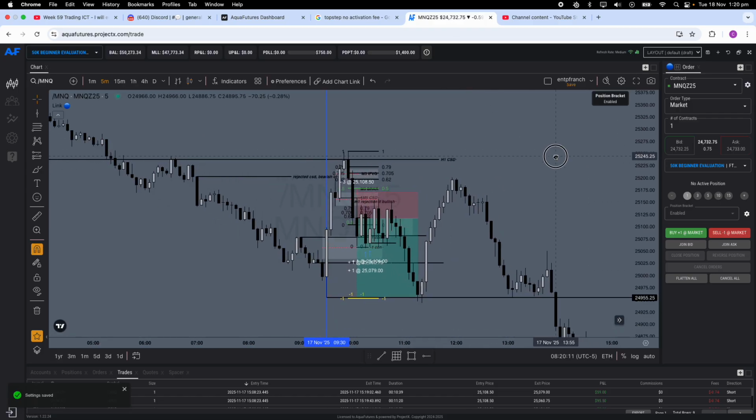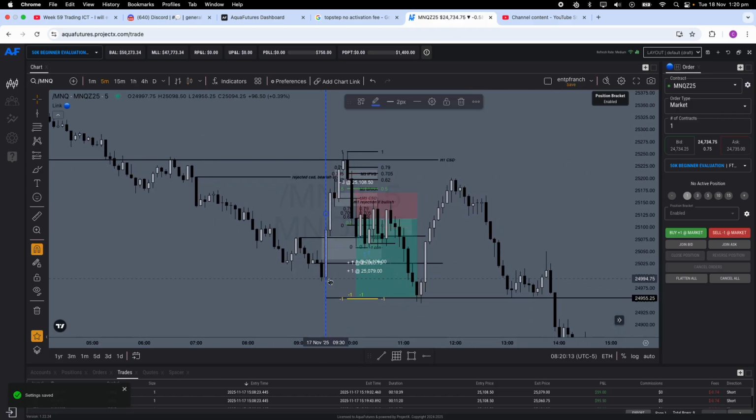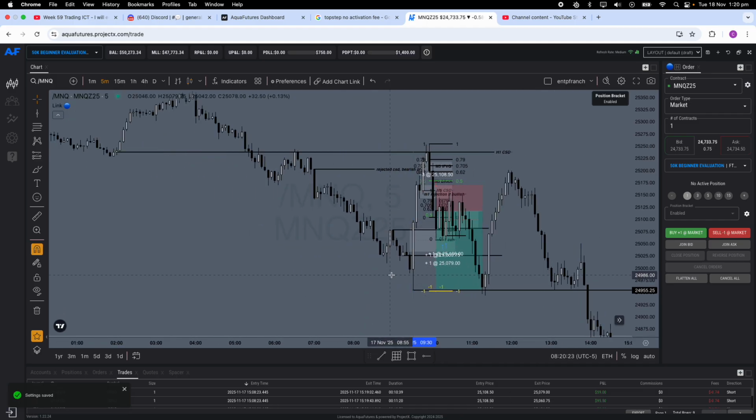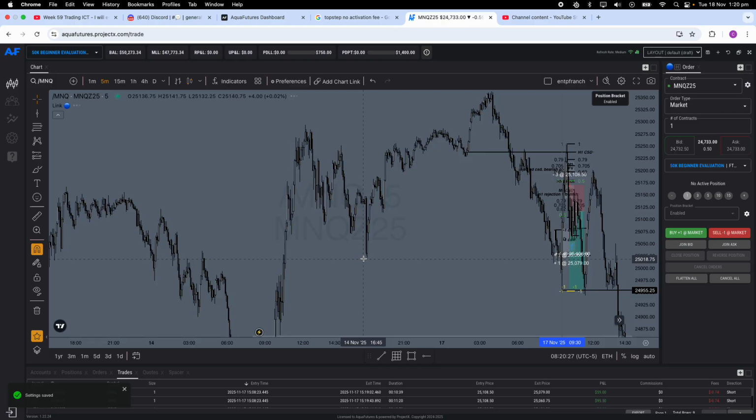But basically, 9:30 opens, we sweep lower, taking out current New York low. Some sell side liquidity here as well. Probably the NLOG.